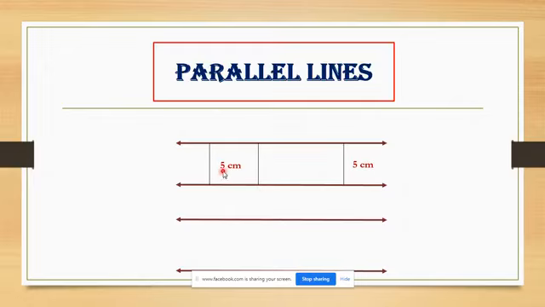If we consider this is 5 centimeter, this is also 5 centimeter. If we measure the distance between the line M and N, it is 6.5 centimeter. If it is 6.5 centimeter, this will also be the same. This is line O and this is line M.